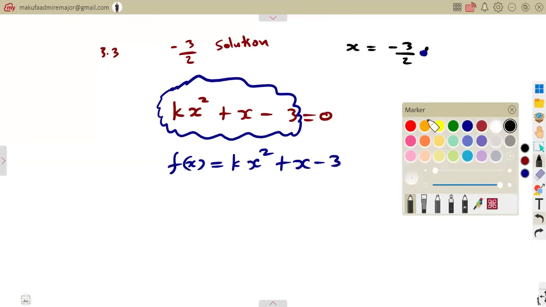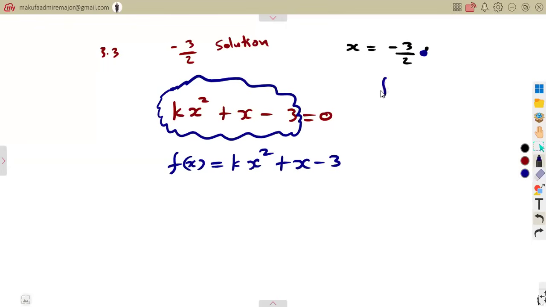So if it was taken from a factor, it means f of x, which is the x value that you are given here of minus 3 over 2, is equal to 0. There is no remainder. We're using the factor and remainder theorem concept. There's no remainder there. It's a factor, a solution. We are having a direct factor.